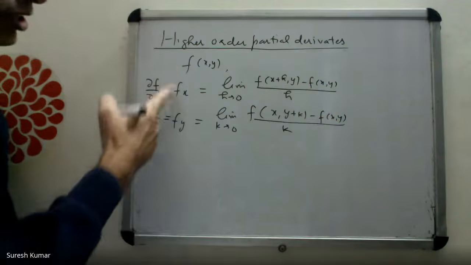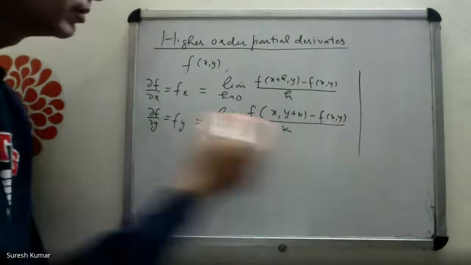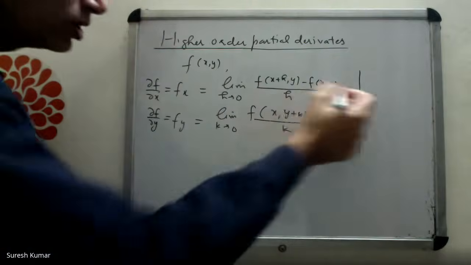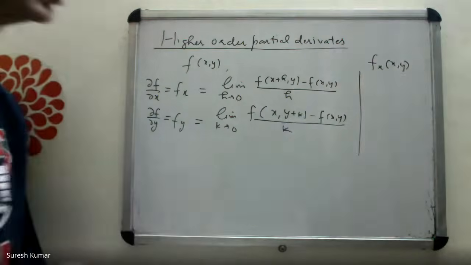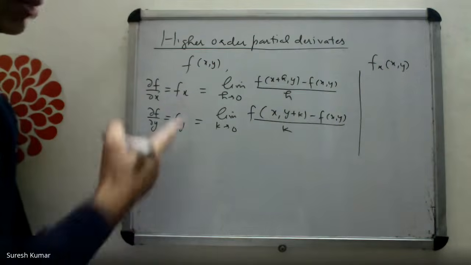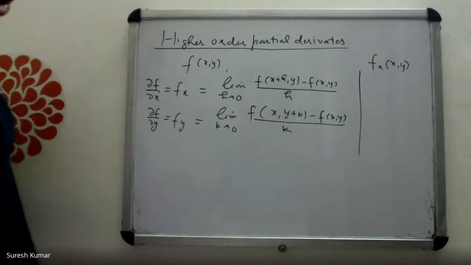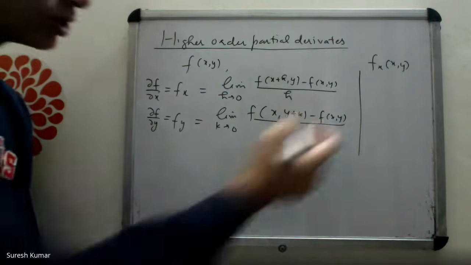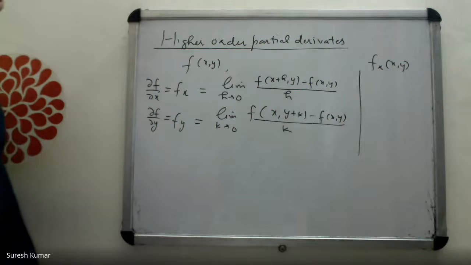If I differentiate it further with respect to x or y, this f_x, you know, is again a function of x and y. When we differentiate a function partially with respect to x, again it could be a function of x and y. So it means it can be further differentiated partially either with respect to x or with respect to y.